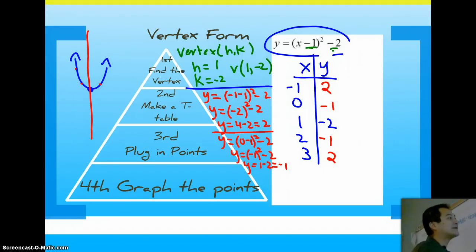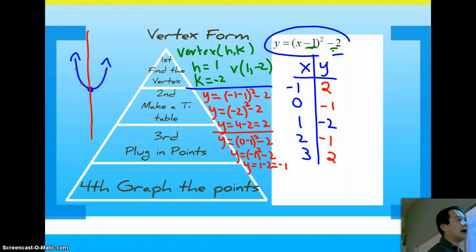If I pick a point over here, isn't that the same y value over here? So, because it's symmetric, these values will be the same as that value. So are you going to cheat yourself and just plug in 2 numbers and then rewrite those numbers? No. I suggest you plug in all 5 numbers or 4 numbers and then check if it actually comes out to be correct. So if you notice they're not symmetric, maybe you did something wrong. So use it as a way to check your work, but not to cheat and not do less work.